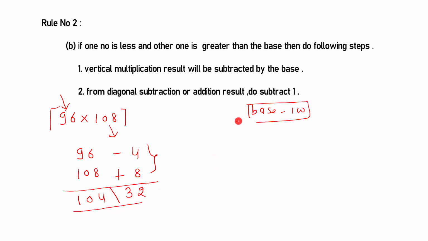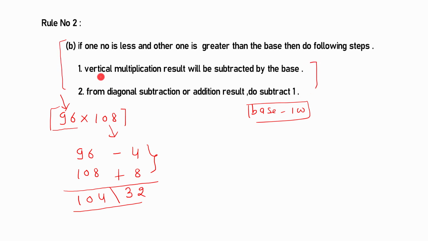Because in this example one number is greater than the base and the other number is less than the base, we have to apply rule number 2 part B here.